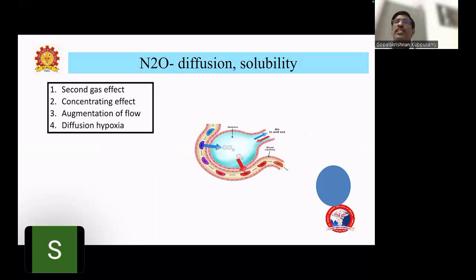What is the second gas effect? When the nitrous oxide diffuses, the inhalation agent which is added as a secondary to that, its concentration goes on increasing.